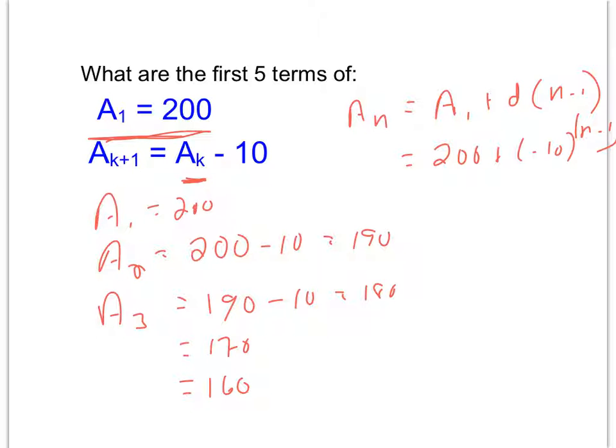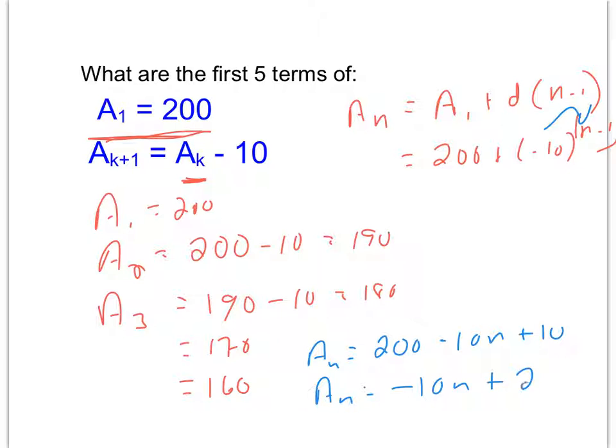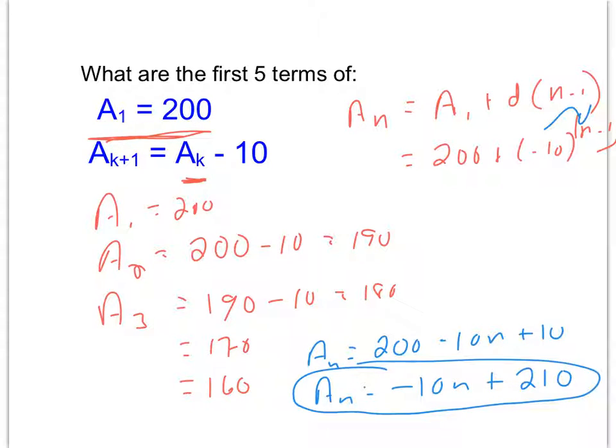So a sub n, I'll switch colors so we can see it, is going to equal 200 minus 10n, I'm distributing the negative 10 here, and then minus 10 times minus 1 is plus 10. So a sub n is equal to negative 10n plus 200 plus 10, 210. And there is our rule.